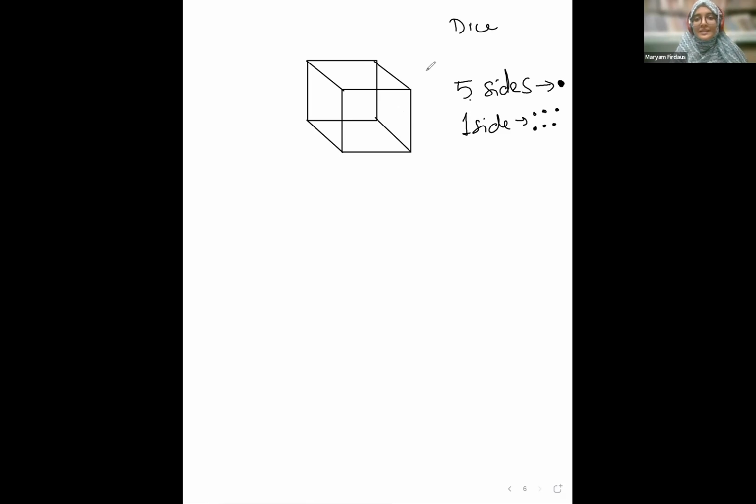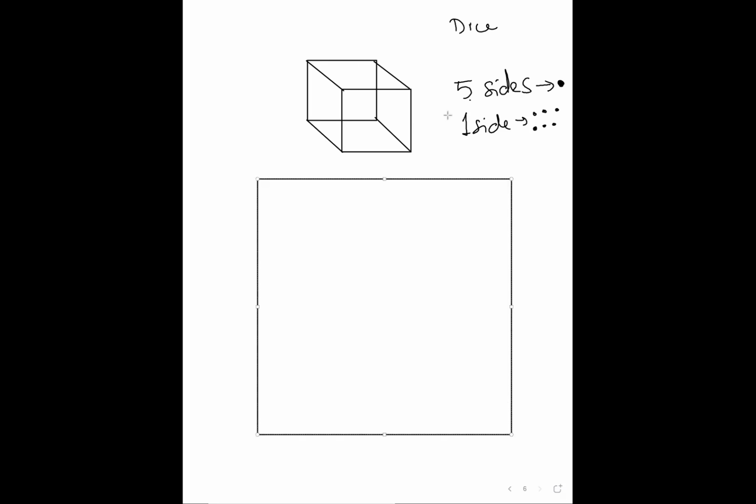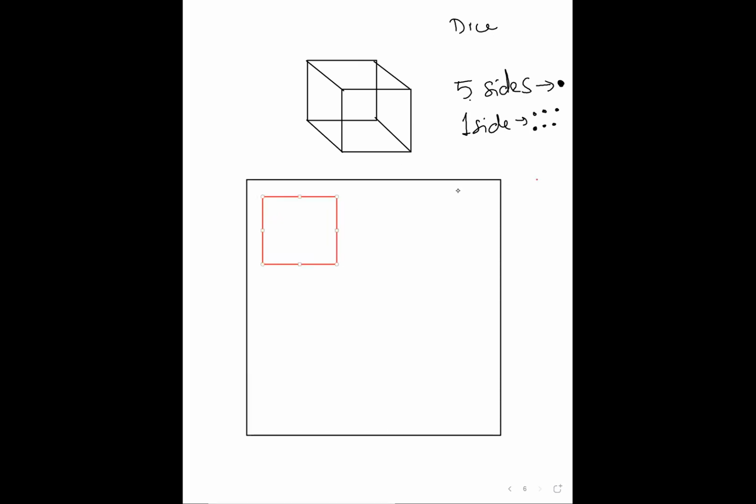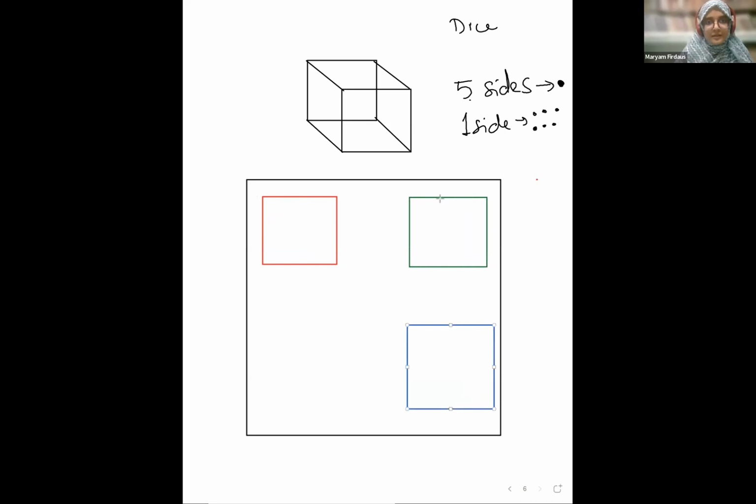Okay. So let's say, Hiba, you're playing a game of Ludo. Tell me, what are the rules of Ludo? Let's say this is a Ludo board, and this is your red square, the place where the red color is, the place where the blue color is, and the place where the yellow color is.